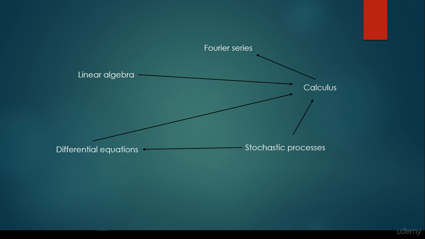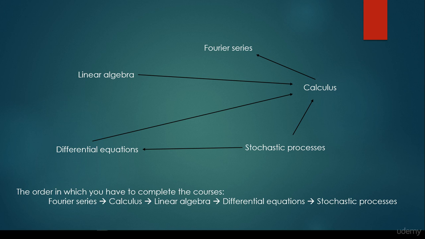We are not able to complete the stochastic processes unless we complete calculus and differential equations at first. We are not able to complete, for example, linear algebra because we have to complete calculus at first. We are not able to complete calculus unless we take the Fourier series. So what will be the topological order? In this case, the Fourier series, calculus, linear algebra, differential equations, stochastic processes.